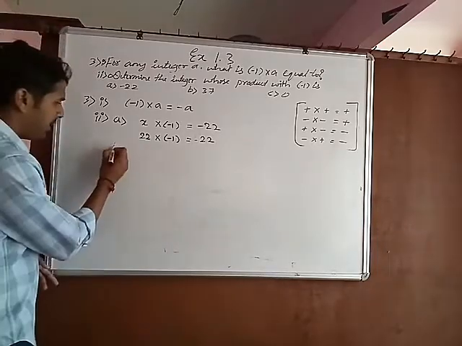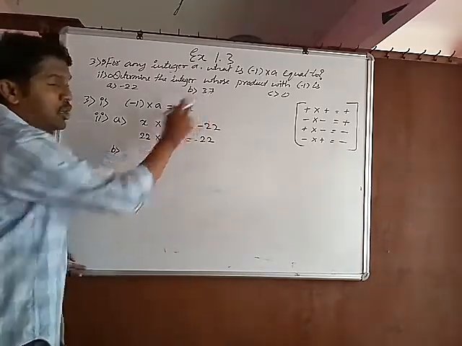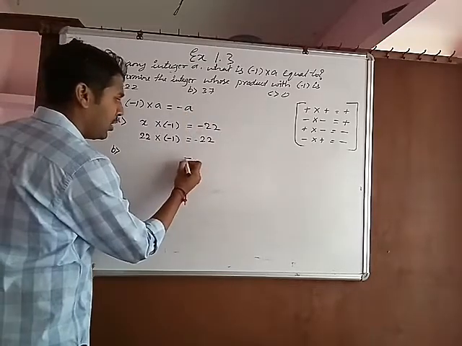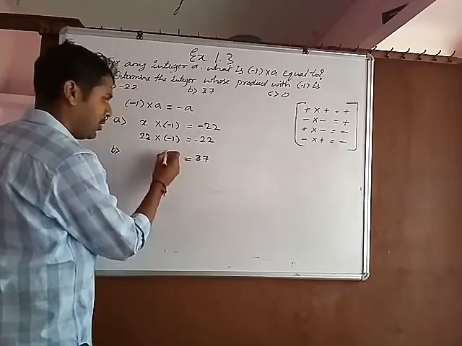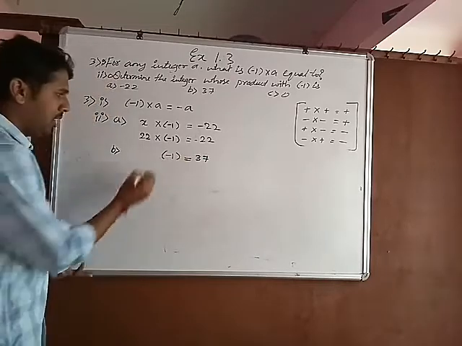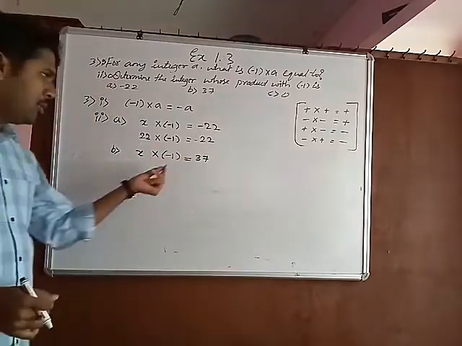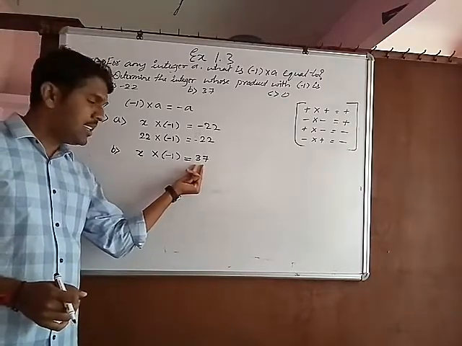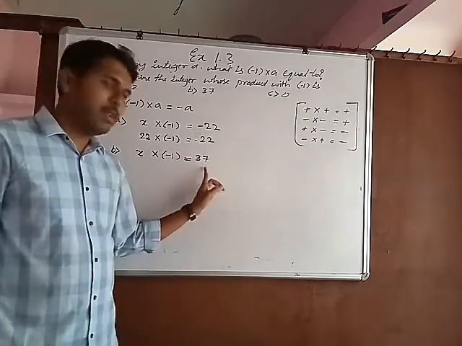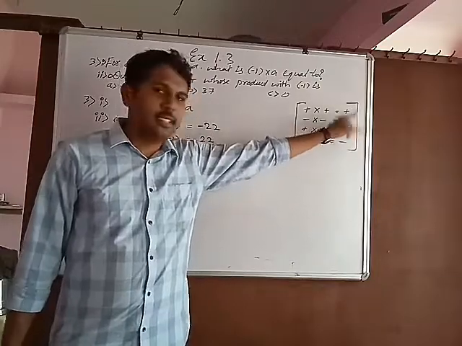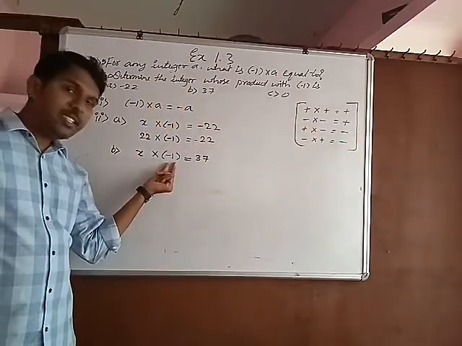So next, the second one. The product is 37. You should multiply minus 1 with what integer? Take it as x. So now in that result, what is the sign? Plus. Here two integers are there, the result is plus, and one of the integers is minus 1.